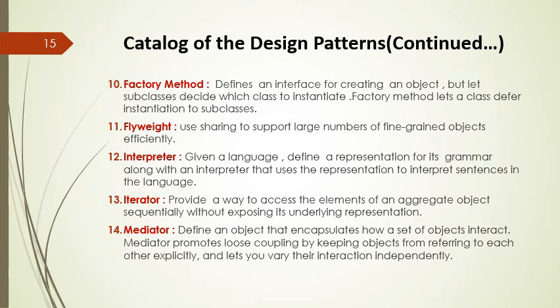Iterator, provide a way to access the elements of an aggregate object sequentially without exposing its underlying representation. 14th is a mediator. Define an object that encapsulates how a set of objects interact. Mediator promotes loose coupling by keeping objects from referring to each other explicitly and lets you vary their interaction independently.